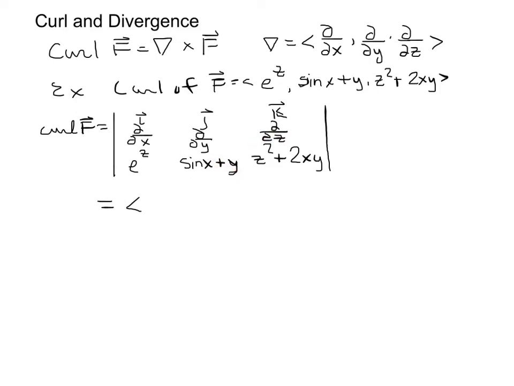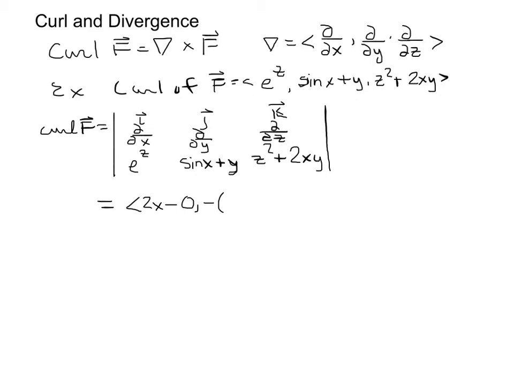The partial of this function with respect to y is just going to be 2x, minus the partial of this function with respect to z. Well, there's no z in there, so it's 0.